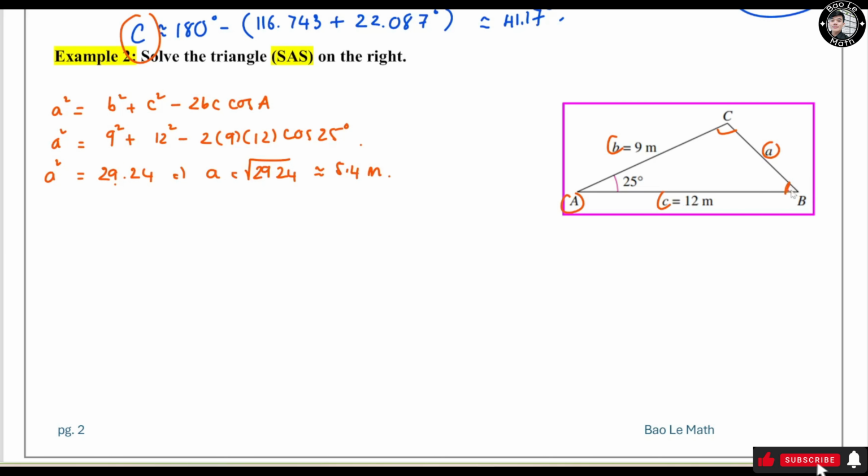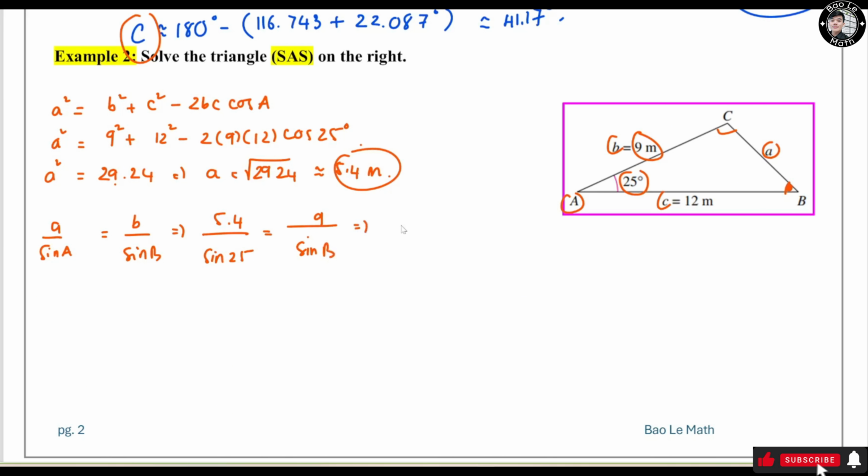Now to solve for angle B, we're going to use the law of sines. So we have A over sine A equals B over sine B. 5.4 right here divided by sine A, but angle A equals 25, so sine 25 equals B, which is 9 right here, over sine B. So then sine of angle B equals 9 sine 25 divided by 5.4.